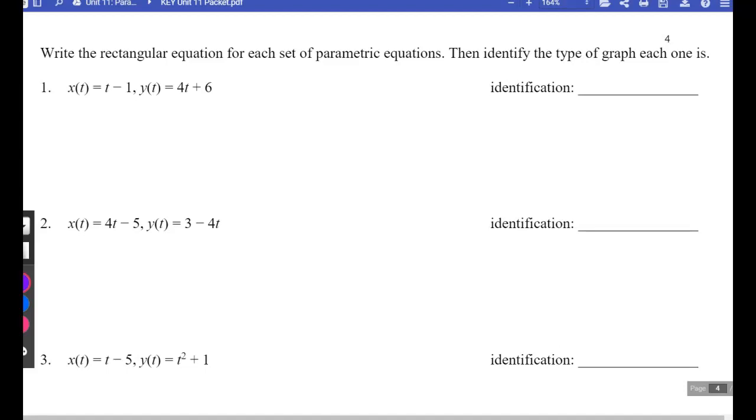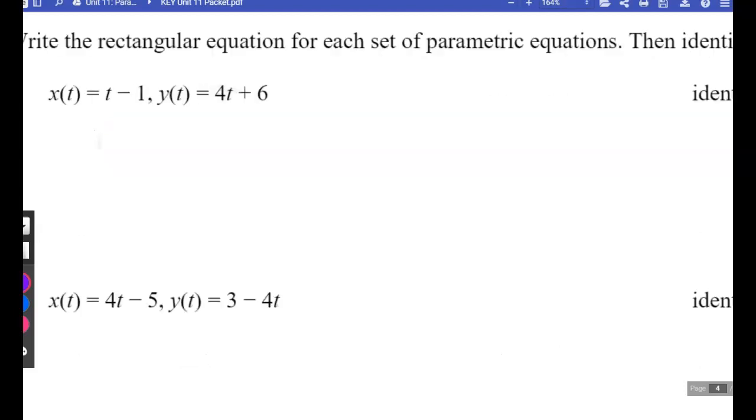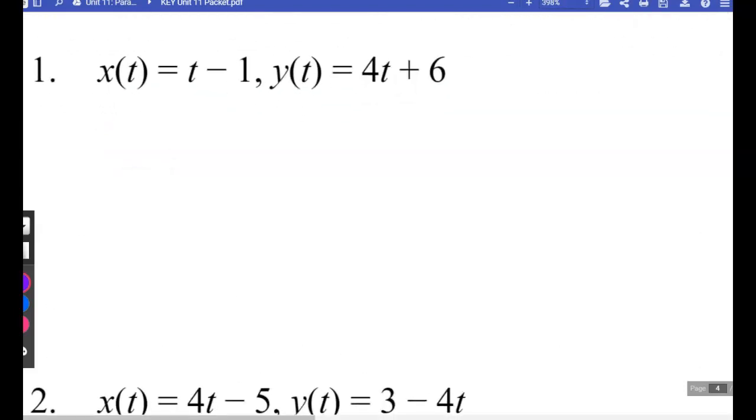So normally you want to pick the easier one to solve for t. So on this number 1, which one is going to be easier to get t by itself? Yes, the x, right? Because all we have to do is add 1 to the other side. So t is equal to x plus 1.